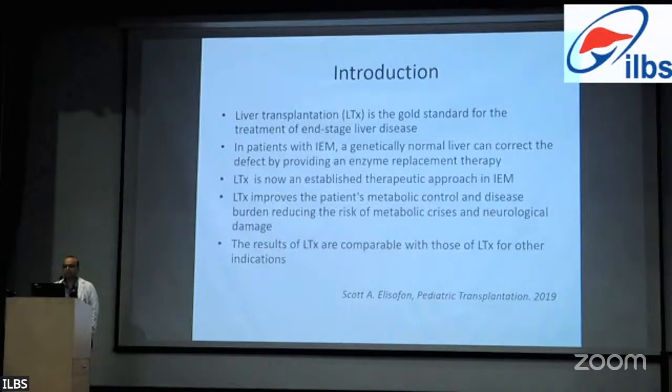Definitely, it improves the patient's metabolic control and disease burden, reducing the frequency of metabolic crisis and halts the neurological damage. The results of transplants are comparable with those with other indications of transplants in this pediatric age group, as published in the SPLIT registry data.